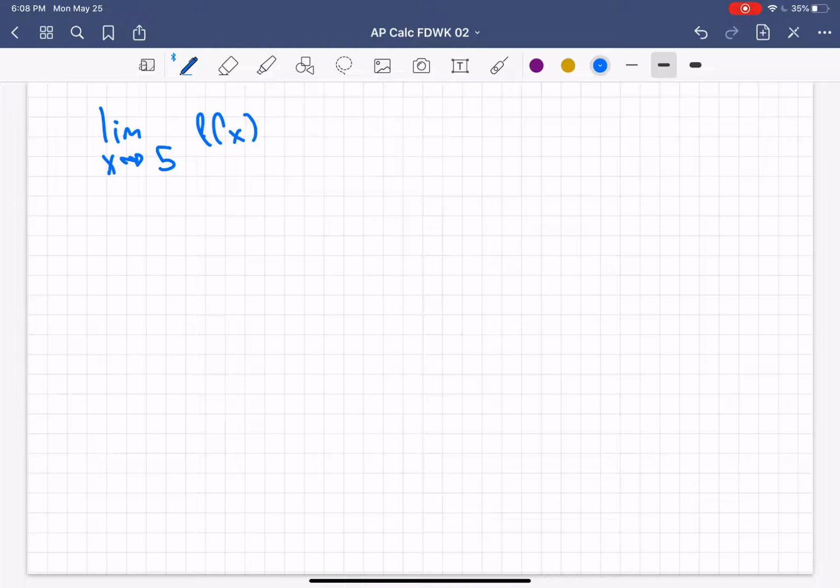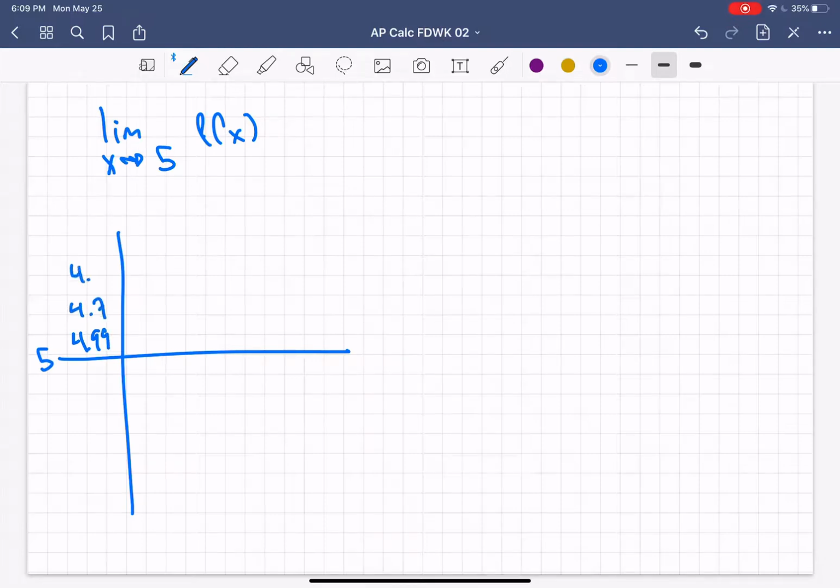What I would want to do is pick numbers that are very close to 5 on both sides. So maybe 4.99 or 4.7 or 4.5. We're getting closer and closer to 5 from below it. Or like 5.02 and 5.15 and 5.4. As long as we're getting closer and closer to 5 from both sides, we're good.